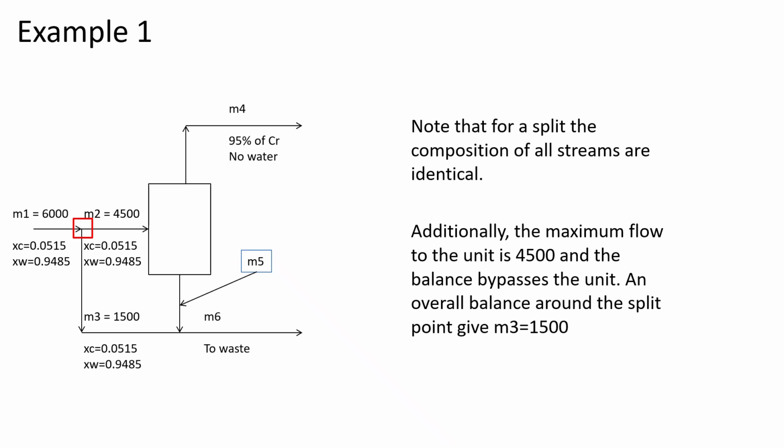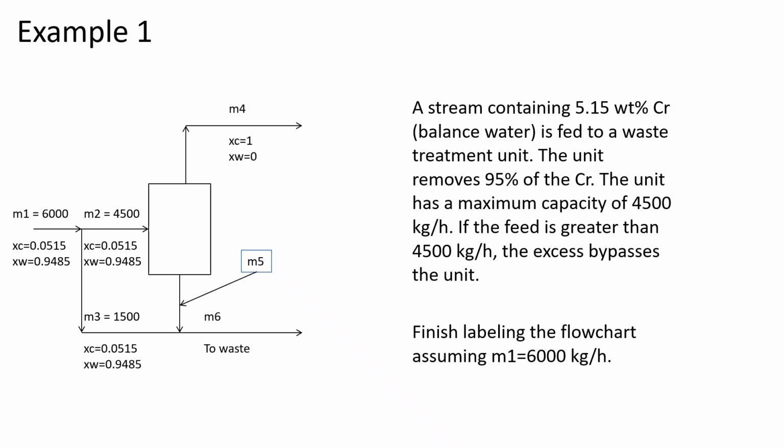So what we're going to do is continue on labeling the streams, and we'll work our way next to stream M4 and see if we can label that one correctly. We don't know the flow rate of stream M4, so we're going to use the variable M4 to represent that. And we know that this is pure chromium. So the mass fraction of chromium is 1, and the mass fraction of water is 0. Next, let's look at labeling the stream M5.